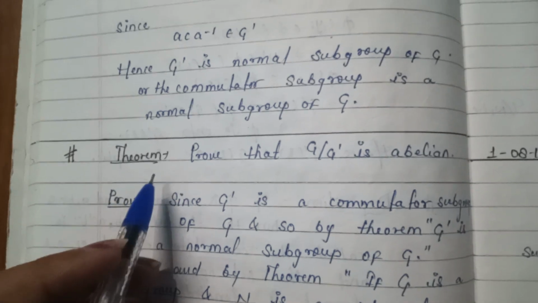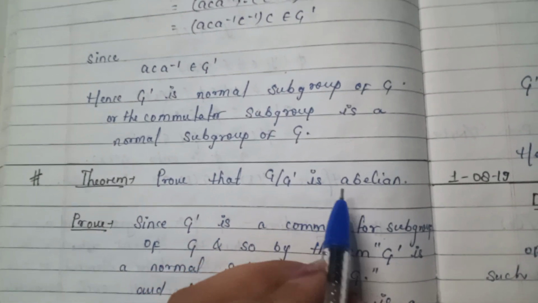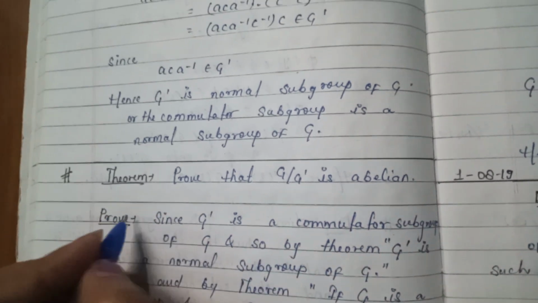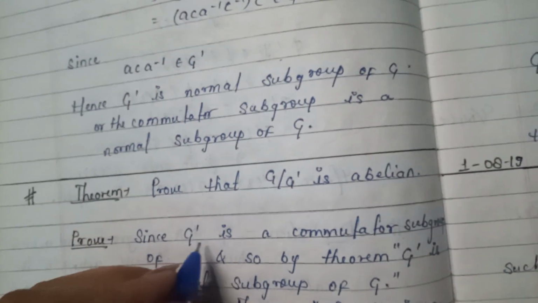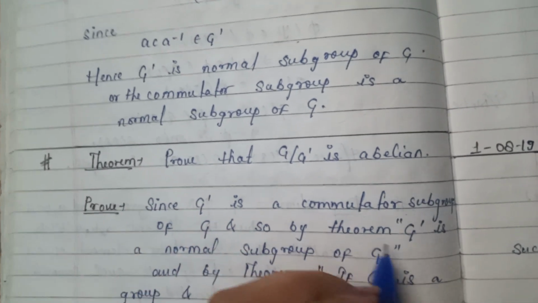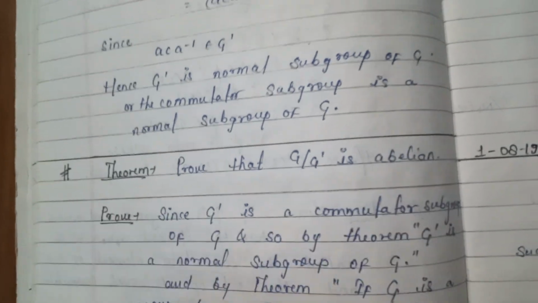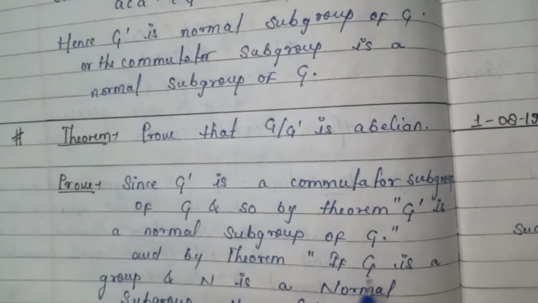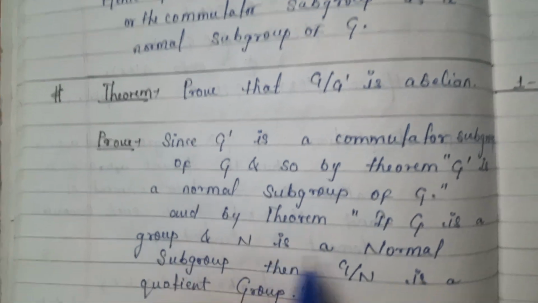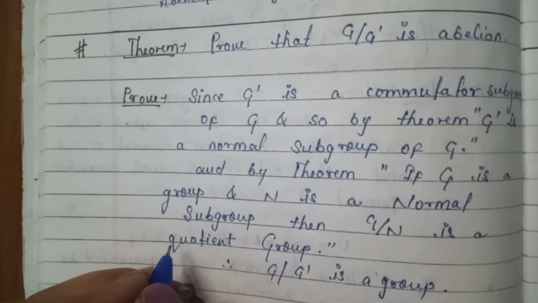Now there is another theorem: prove that G by G dash is abelian. इसका प्रूफ देखते हैं. सिंस G डैश इज़ अ कम्यूटेटर सब ग्रुप ऑफ G, एंड सो बाय थ्योरम G डैश इज़ अ नॉर्मल सब ग्रुप ऑफ G, एंड बाय द थ्योरम G इज़ अ ग्रुप and N is a normal subgroup, then G by N is a quotient group.